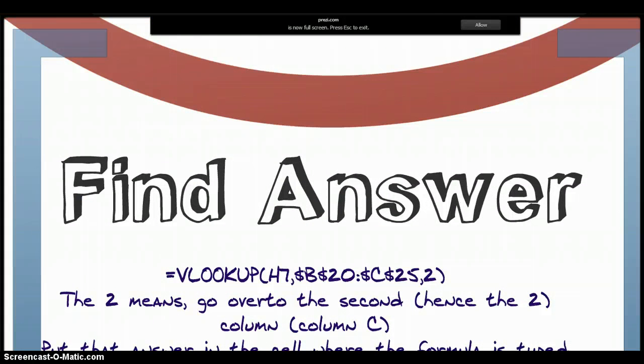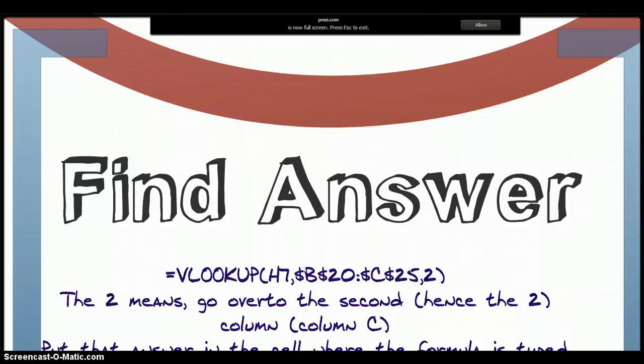So the last part is to find the answer, and this is where we're going to really go into detail. So we have equals VLookup, look in cell H7, comma, then go to cells B20 through C25 and find which number is less than or equal to the number that you're referencing in H7.